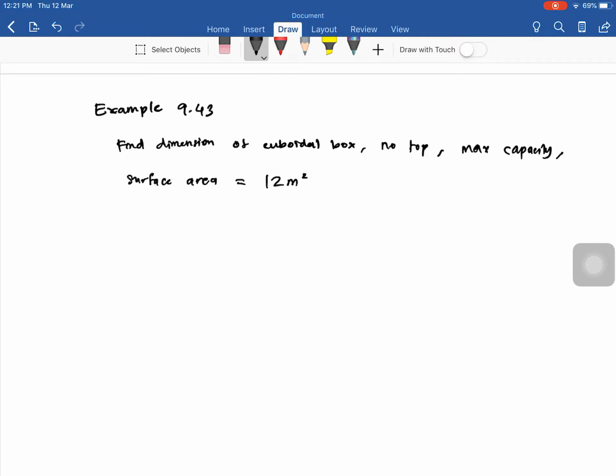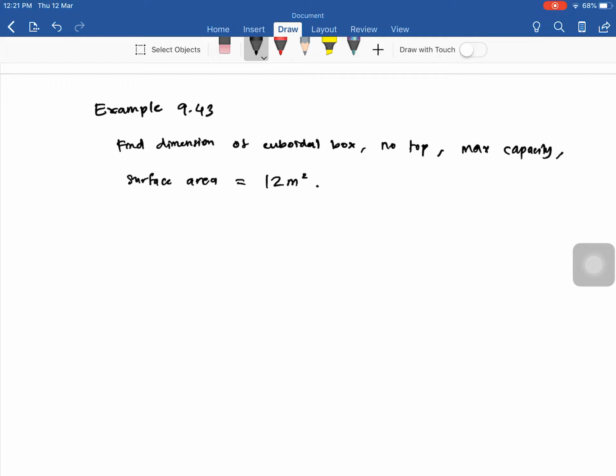Alright, so it is a realistic problem, a practical problem. So we can use the method that we learned just now for this problem. But we need to understand what is the main function and what is the constraint.